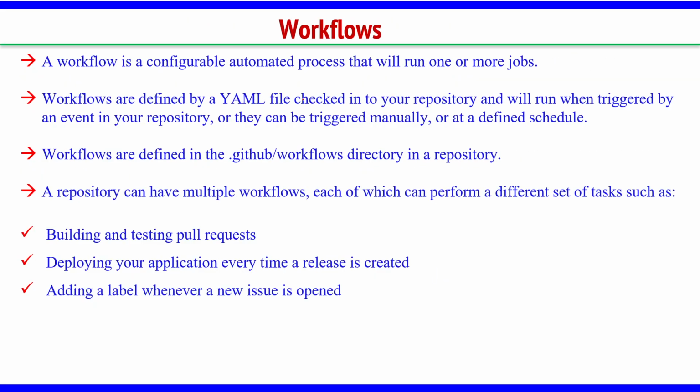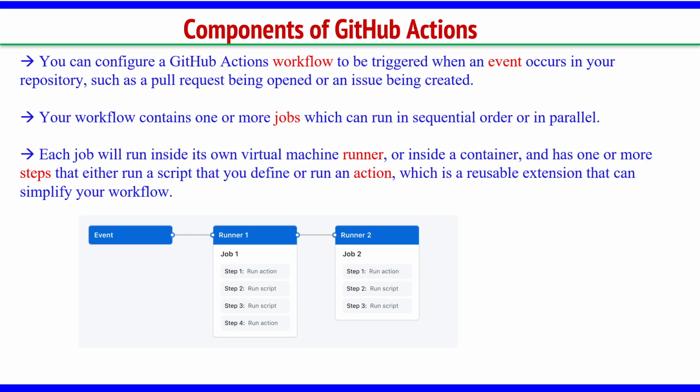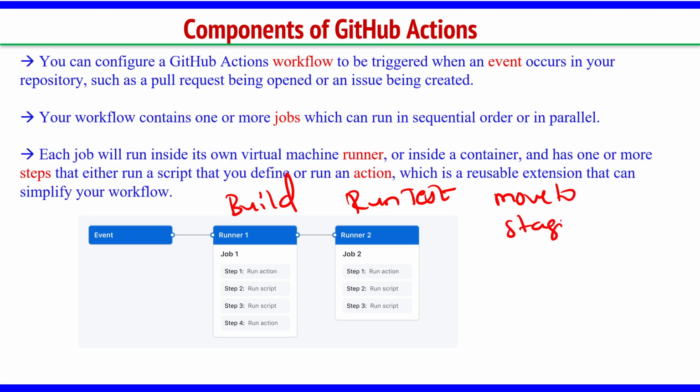The first one is workflow. Right? So a workflow is a configurable automated process that will run one or more jobs. It can run as many jobs as possible: job 1, job 3, anything you can give there, automatically it can happen. So basically, if you remember, the CI/CD pipeline: the first step is to build, then to run tests, then to move to staging, then advanced testing.